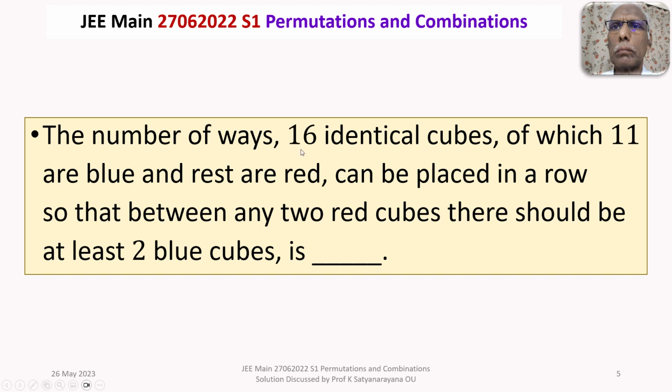We are given 16 identical cubes, 11 of them blue and the rest red, and we want to find the number of ways these 16 identical cubes can be placed in a row such that between any two red cubes there should be at least two blue cubes. Such a number of arrangements we have to find.